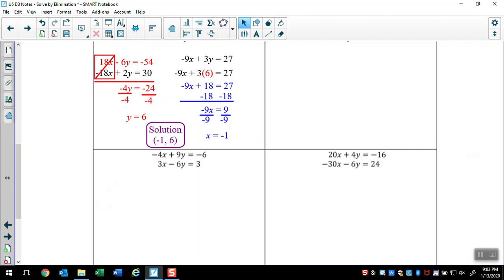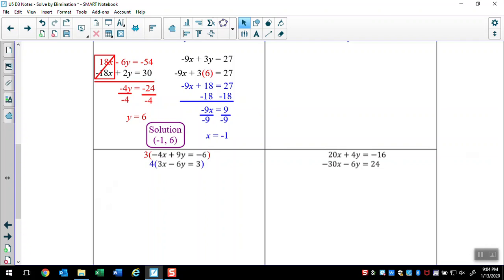So in order to eliminate them, my best bet, since I can't easily turn a 3 into a 4 or a 4 into a 3, is I'm going to multiply my top equation by 3 and my bottom equation by 4. So basically I'm going to switch those two numbers. Since my signs are already opposite, I don't need to do anything with signs.